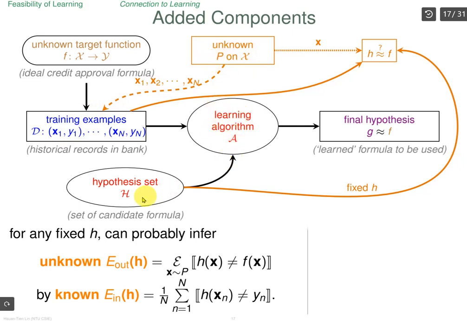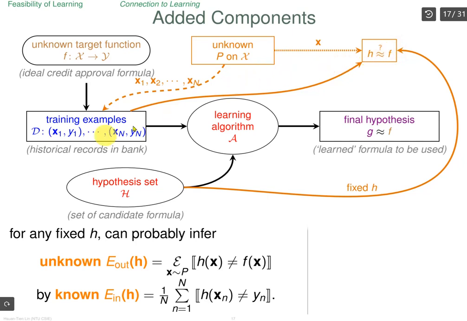Here we have our learning model, learning algorithm, hypothesis set. According to Hoeffding's inequality, we don't have to bother with the learning algorithm or hypothesis set. We just select one fixed hypothesis, and make sure that your training data is huge enough, and then you can check whether your fixed hypothesis approximates the target function.